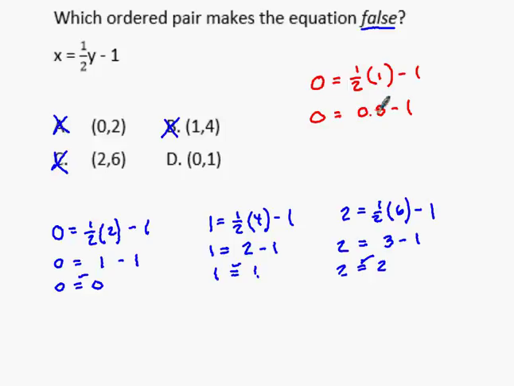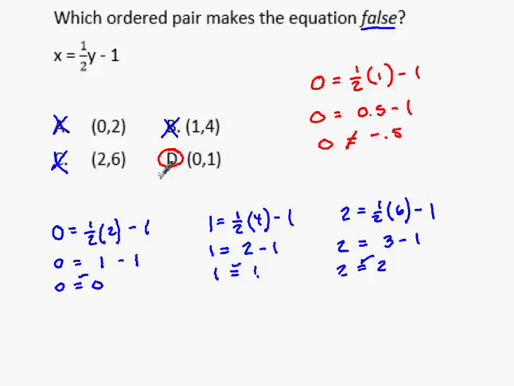And 1/2, or 0.5, minus 1 does not equal 0. It equals negative 0.5. So that does not equal it, and that creates a false statement. So this has got to be your answer.